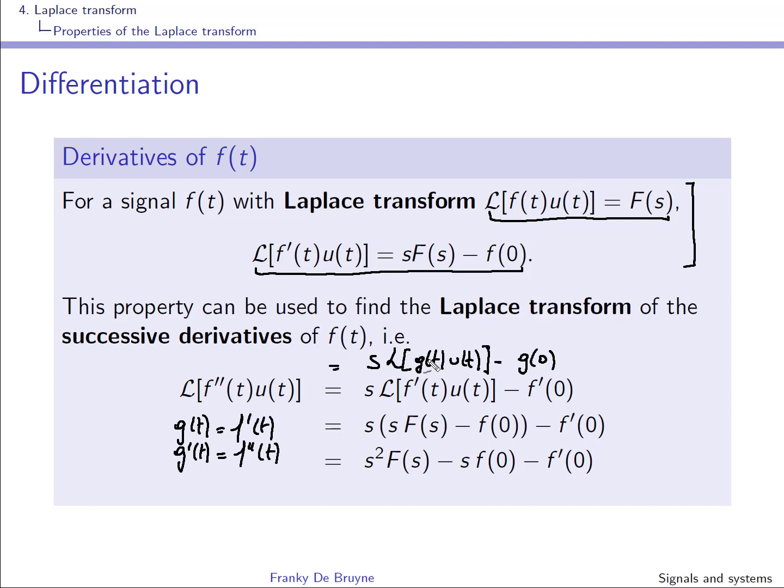Okay, so g of t is f prime, and g of 0 is f prime evaluated in 0. Now we can use this property over here to replace this by the Laplace transform of the original signal times s minus f of 0, and if you distribute, you obtain this equation over here. So you see that it's very easy to obtain the Laplace transform of the second derivative.